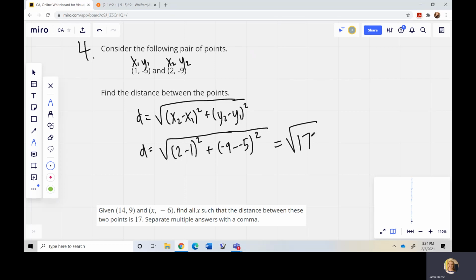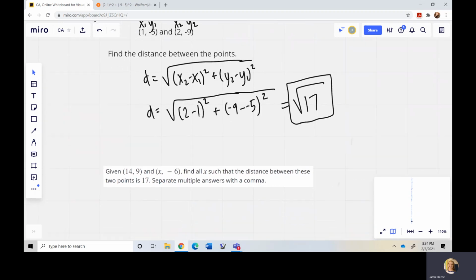All right, so you look at the number 17 and you think, okay, are there any factors of 17, one of which is a perfect square? There aren't here. 17 is a prime number, so you don't have to worry about simplifying this any further. And you're just going to use the positive answer here. Remember, distance should always be positive. If you end up with a negative number, you know you did something wrong.